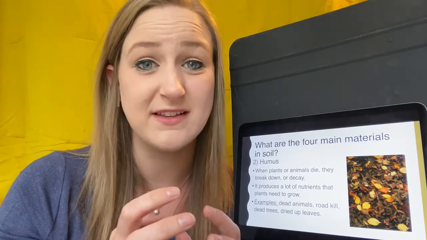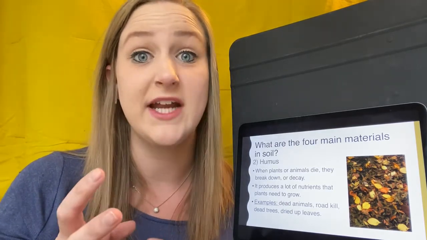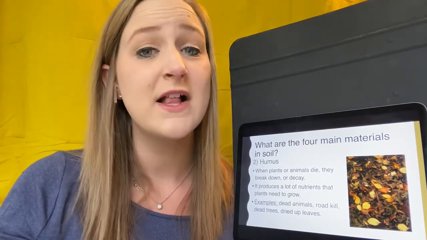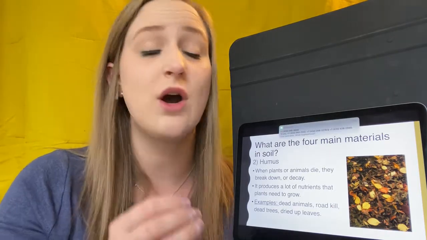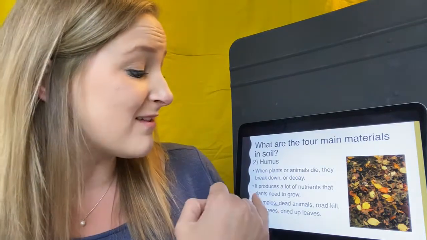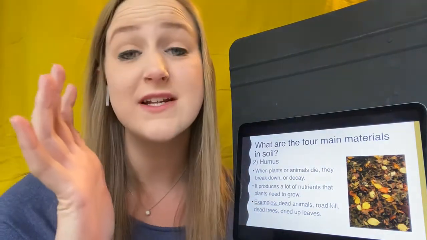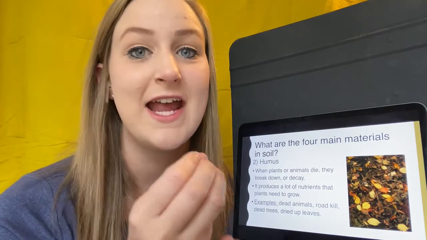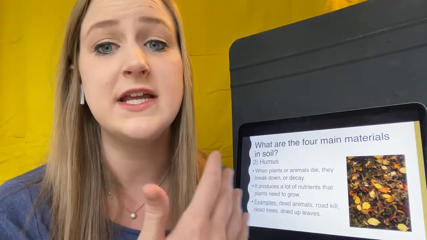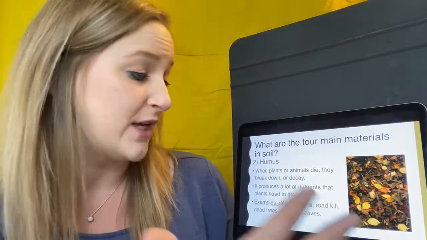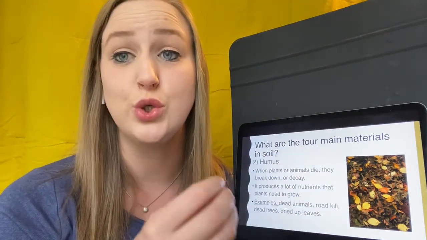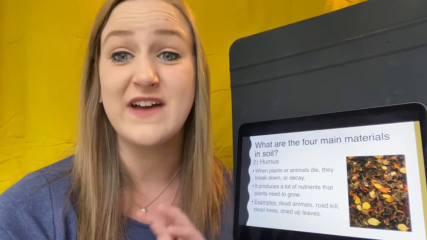You guys have seen maybe leaves that are on the ground looking really bright and colorful, and a couple days later, maybe they're really dark brown, they're starting to fall apart, they're breaking down, and then they go into the earth and they make nutrients. So it produces a lot of nutrients that plants need to grow. Nutrients are those things that give life. It's what plants and animals need to live. So examples of humus would be dead animals, roadkill, dead trees, dried up leaves. These are things that are on the ground giving nutrients to the ground. And that all is found in soil.